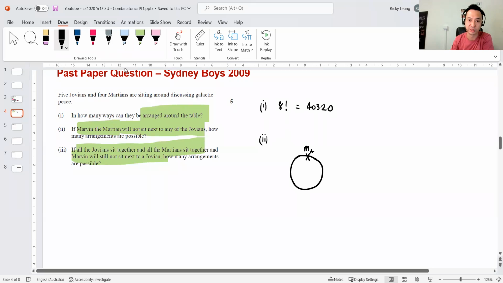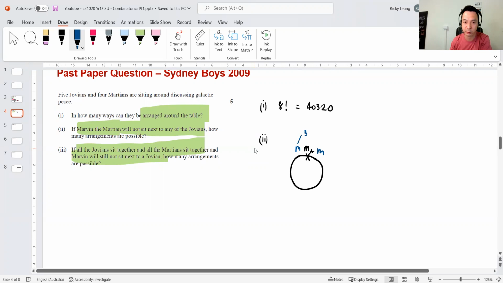So you have all the Jovians on the other side, but what's more important is that there is a Martian on either side of his flank, on his sides. Now, it doesn't specify a specific Martian, so it can be one of the other three on each side. So what you do is you basically go, well, of the 3 Martians remaining, there are 3 choices to place on this side.